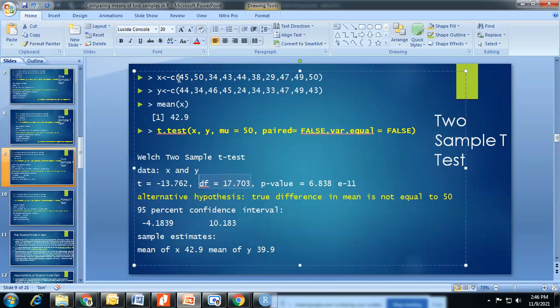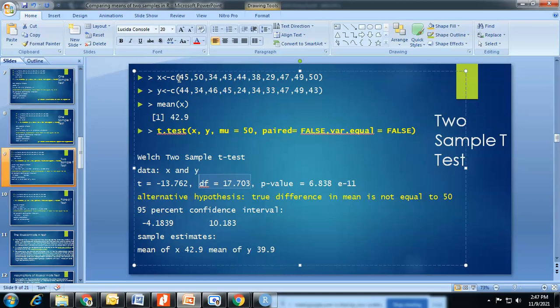That is 0.00000 and so on, then 68. You know the meaning of e raised to minus 11? So I'll tell you. In this case, the alternate hypothesis is that the true difference in the mean is not equal to 50.